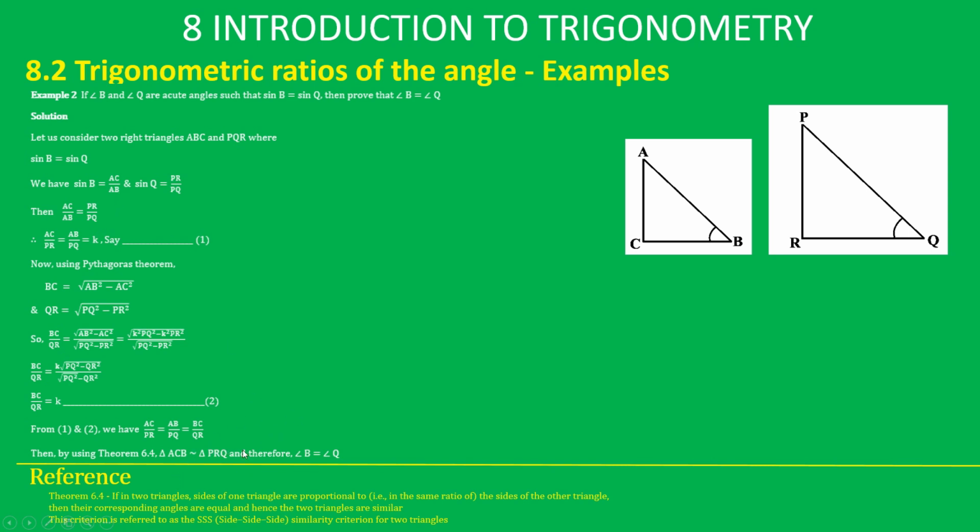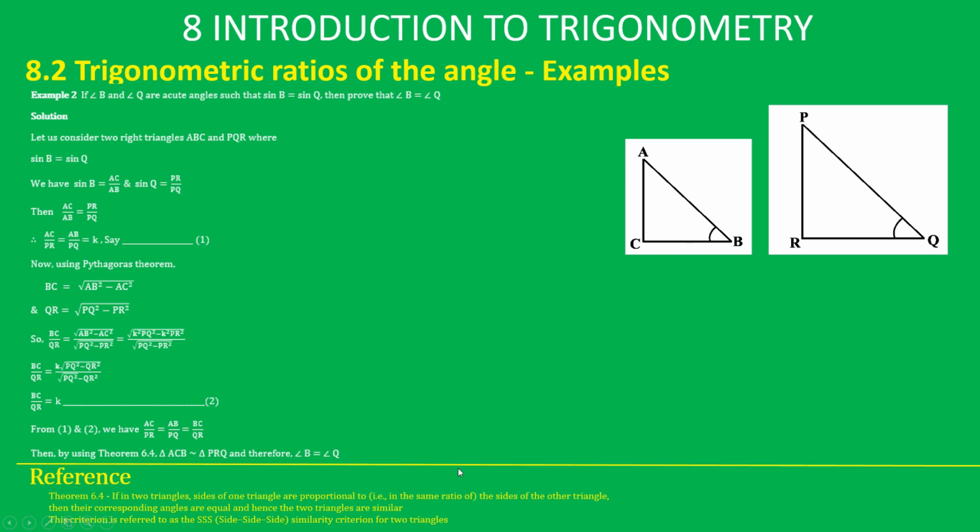What does it mean? Then using theorem 6.4, triangle ACB is similar to triangle PRQ. Using this theorem, we can say that angle B is equal to angle Q. How?